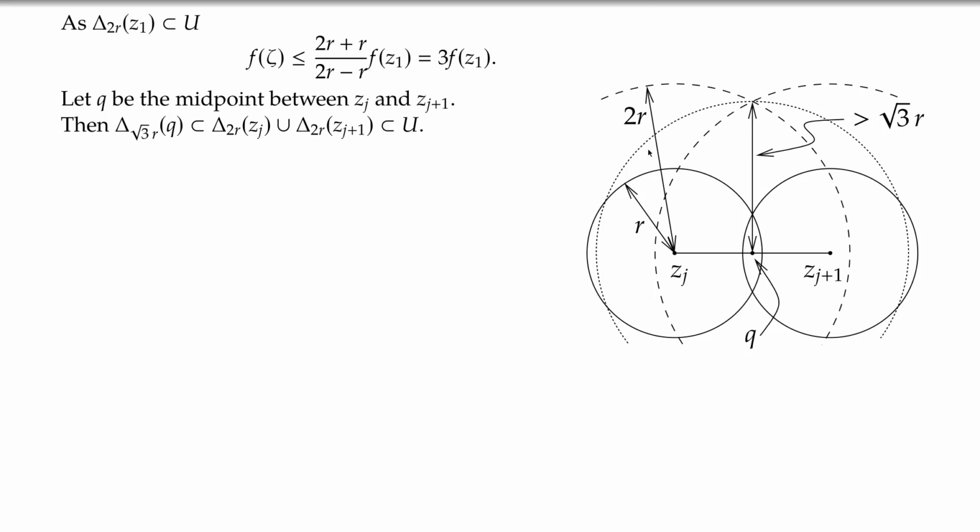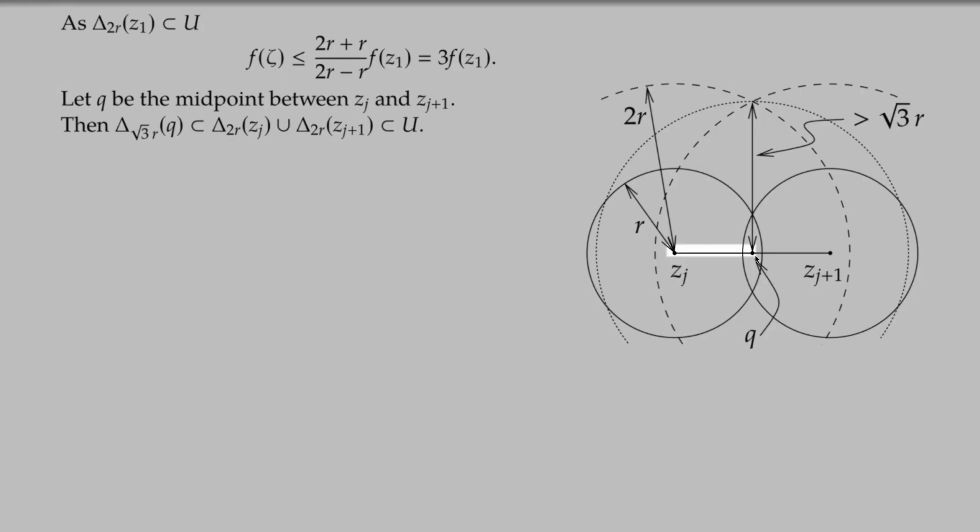So now, if we look at the 2R disk around zj and zj plus 1, we notice that the distance from zj to q, and similarly from zj plus 1 to q, is less than r.